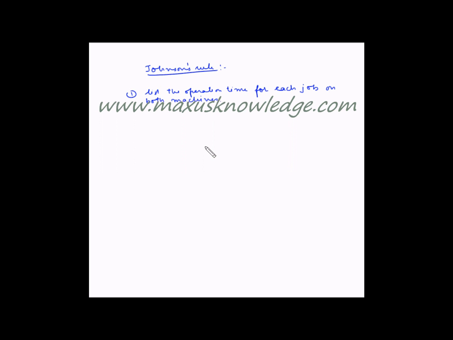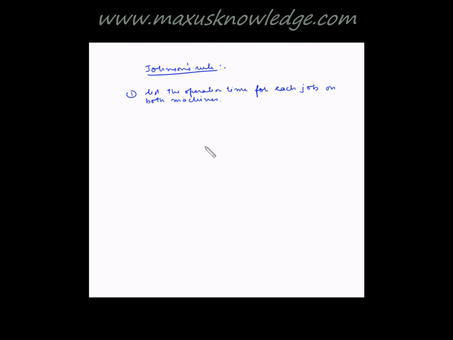In the problem we already have the time that each job takes on machine M1 and M2. Let us take a hypothetical example just to understand Johnson's rule.